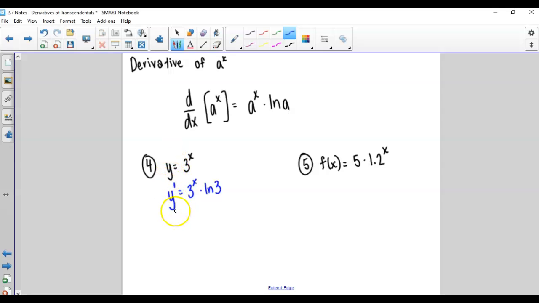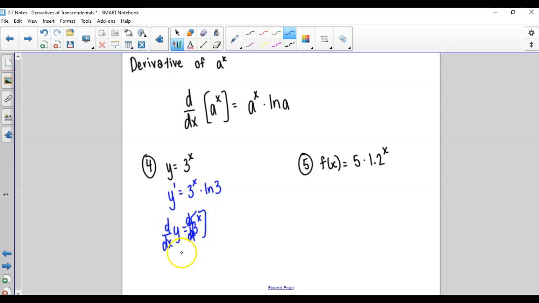The other way that you could write this, instead of writing y prime, I'm going to write it like this: y equals 3 to the x. You're taking the derivative of this function, so d over dx, d over dx here.